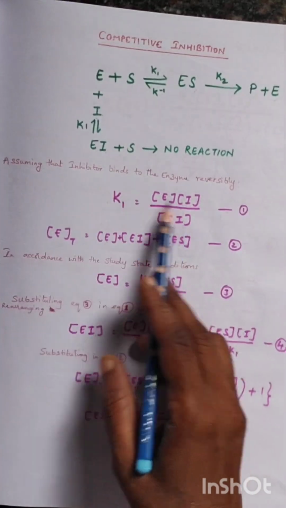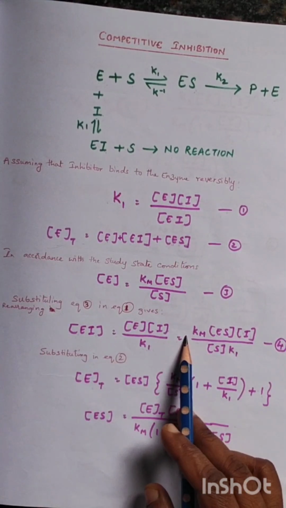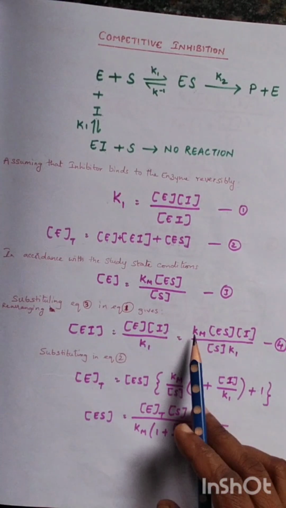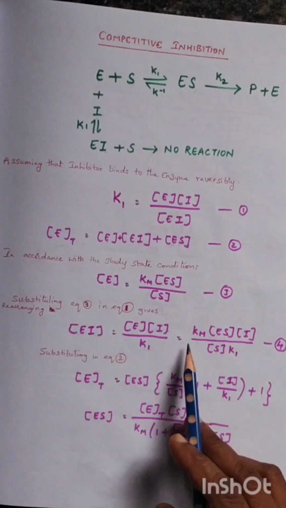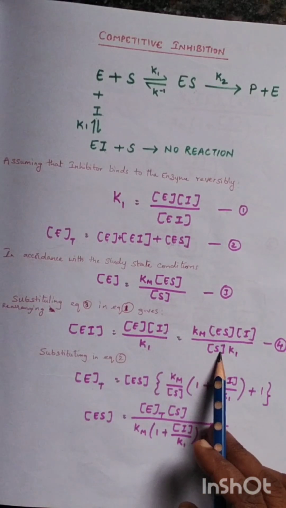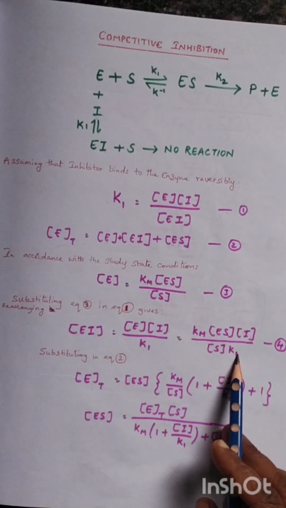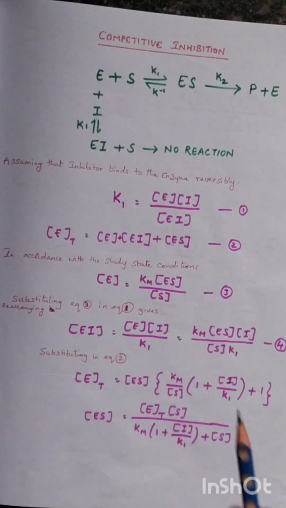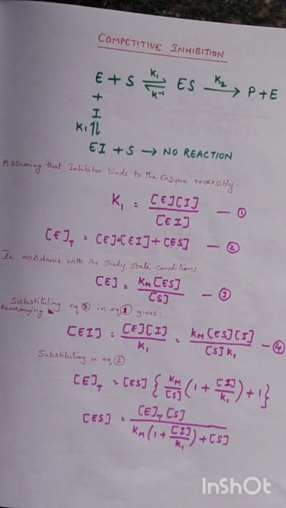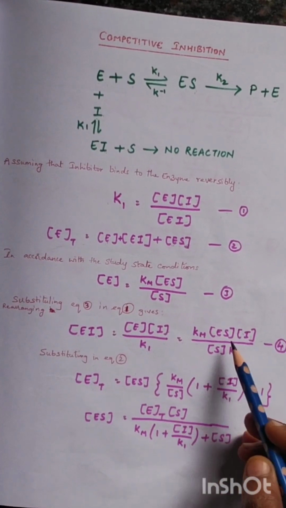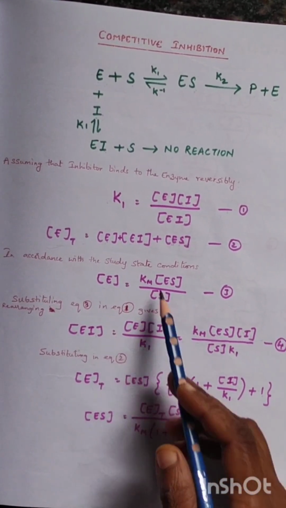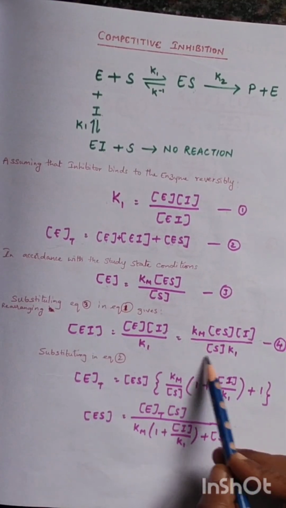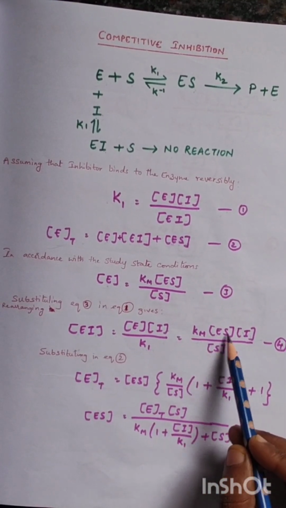If we just rewrite this, then if we substitute, we'll get Km into the concentration of ES into the concentration of I, whole divided by the concentration of substrate into K1. In this step, we are just replacing this concentration of E with this expression, Km into ES by S.